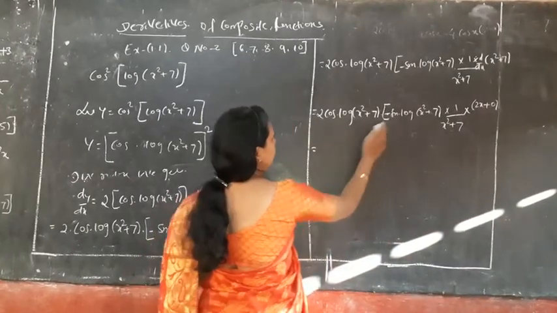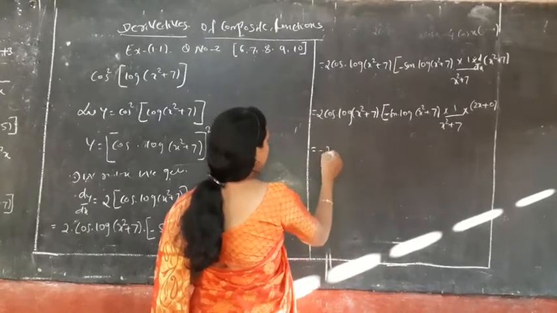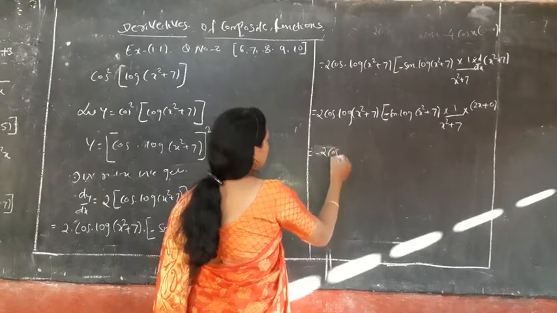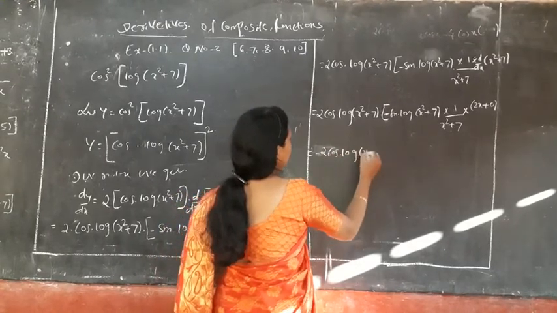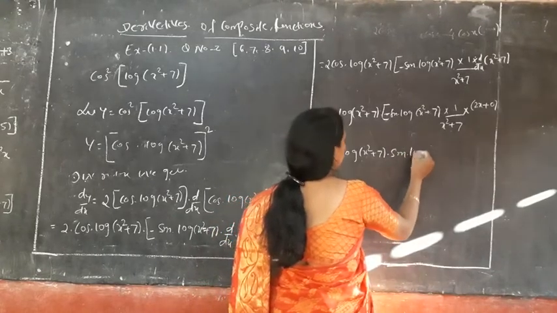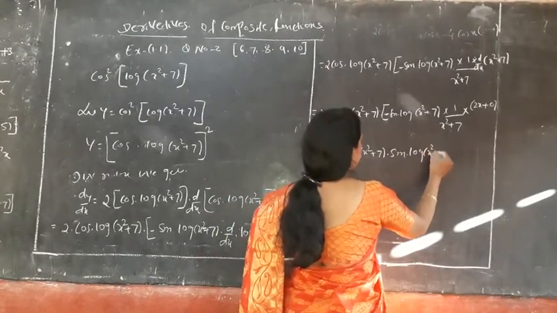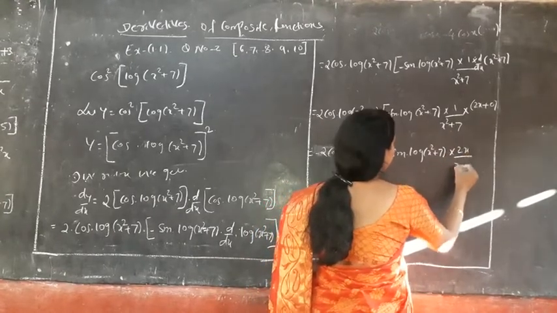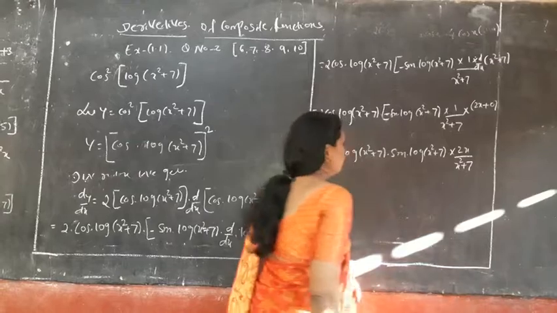So this is equal to minus into plus is minus 2 cos of log of x square plus 7 into sin of log of x square plus 7 into 2x divided by x square plus 7.